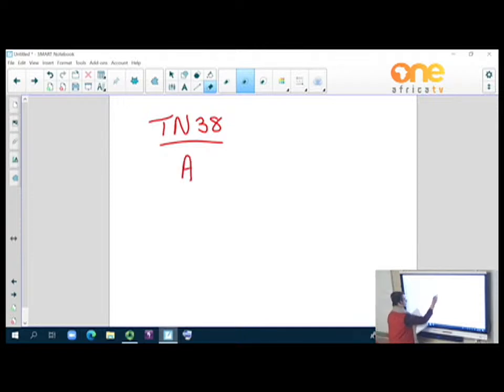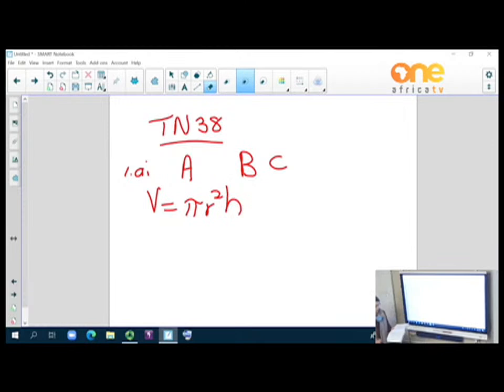Right, so now we have to get A, B, and C. A1, A for Anna. So what is the first one? Finding the volume. What is volume now again with the cylinder? Pi r squared h. Okay, Anna, so the first one is? Yeah, not 9 pi r squared.